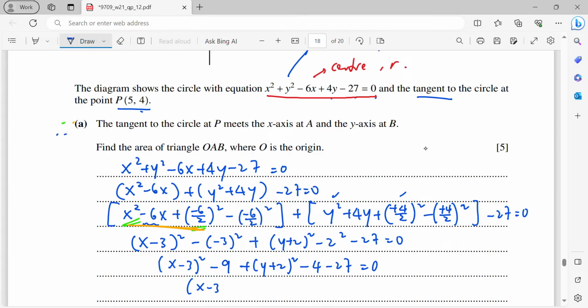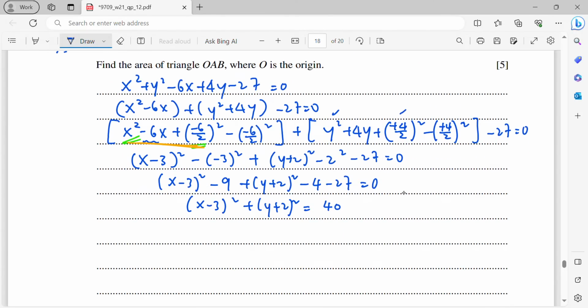So I will be getting x minus 3 squared. This working is quite long if you use this method. Plus y minus 2 squared... then minus 9 minus 4 is minus 13, minus 27 means that it is minus 40. So I move all these terms to the right side, it becomes 40.